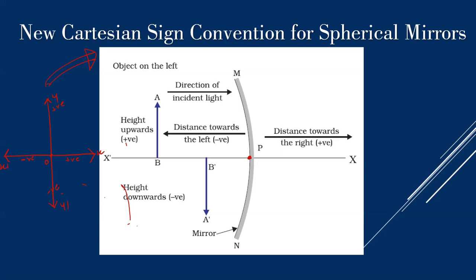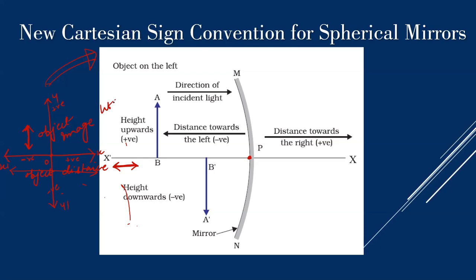Okay, so now according to this sign convention, along the x-axis, always the object or image distances are measured. That is along the horizontal x-axis. Along the y-axis, always your object height or image height is observed.